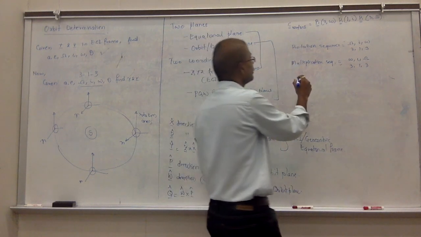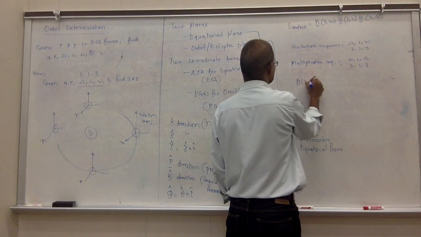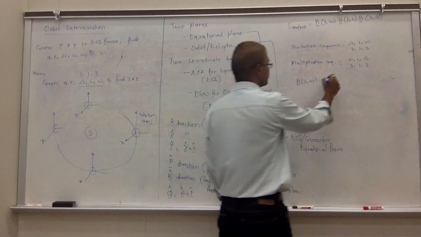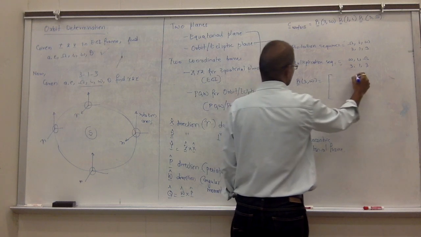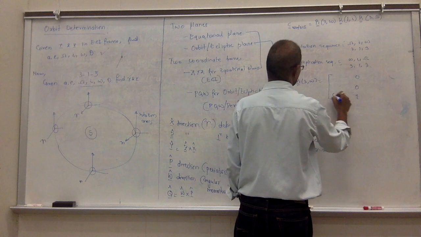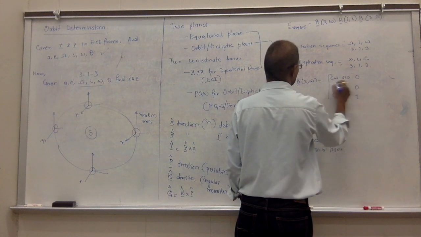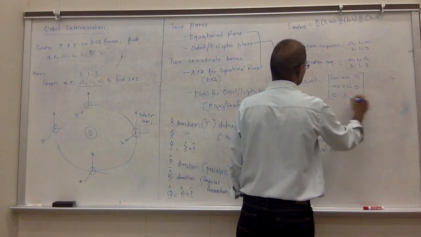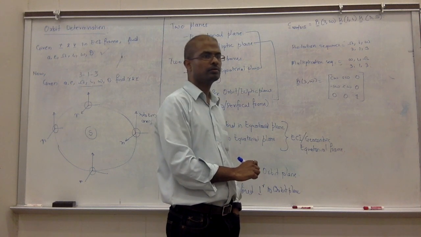So all you need to do is, so what is R3 omega? This you know. This is simply 0, 0, 1, 0, 0, cos omega, sin omega, minus sin omega, cos omega. Right?